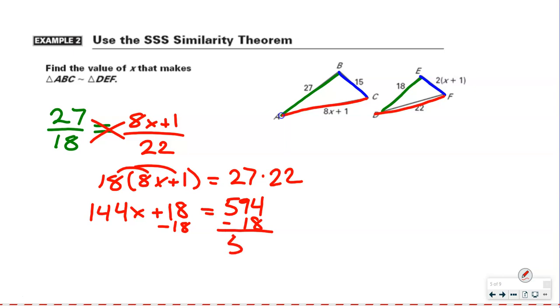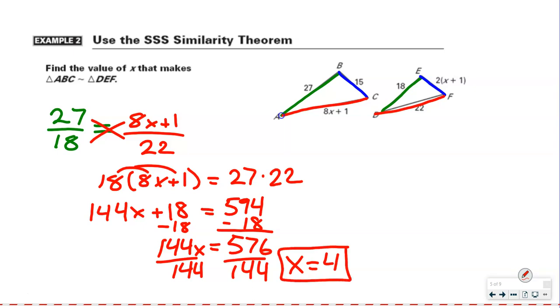It's 576. And that's equal to 144x. Divide by 144. X equals 4.